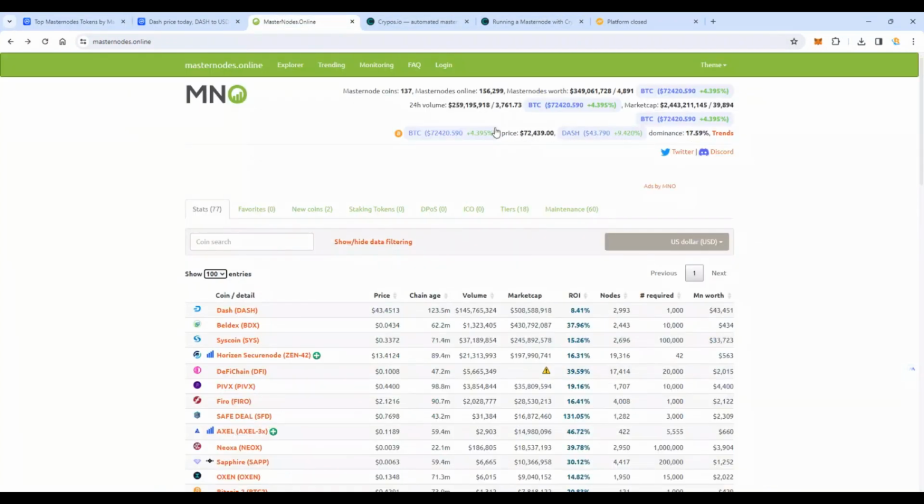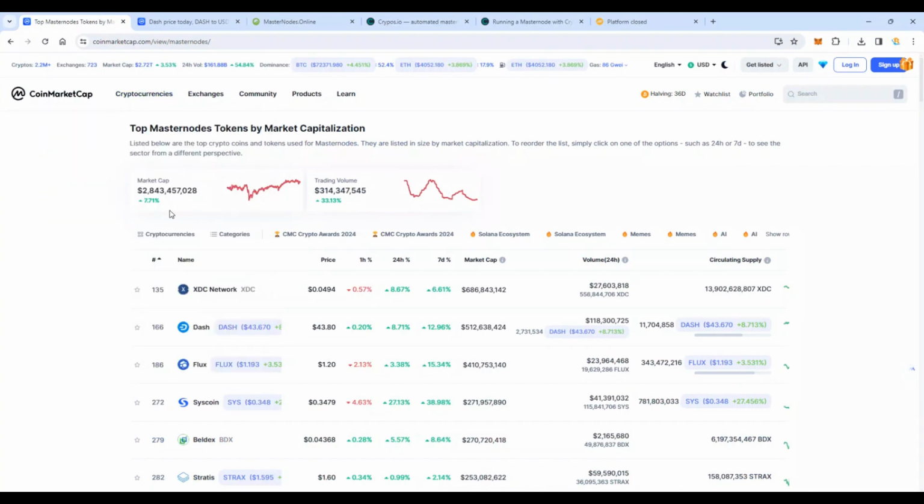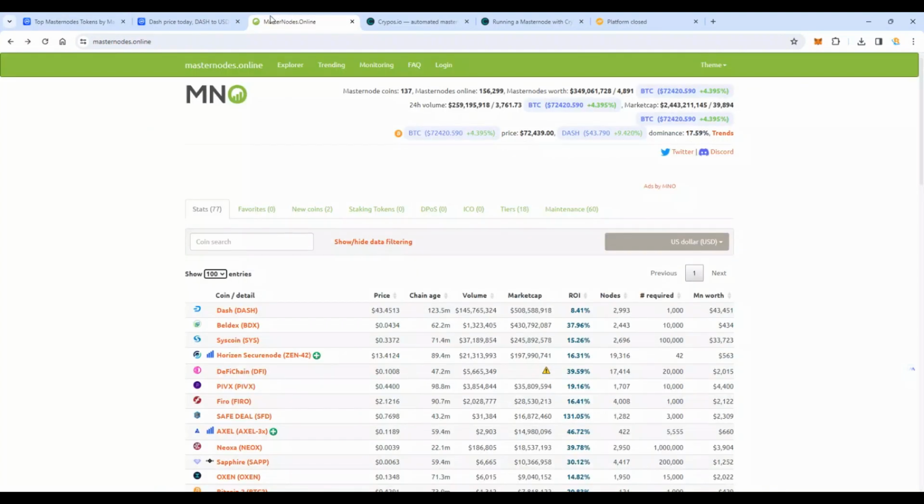Yeah. Now, looking at what has been tracked, you can see the market cap here is $2.4 billion in comparison to 2.8. So there's like $400,000 that has not been tracked, or probably it's running on different platforms that have not been noted by Masternodes.online. Okay.